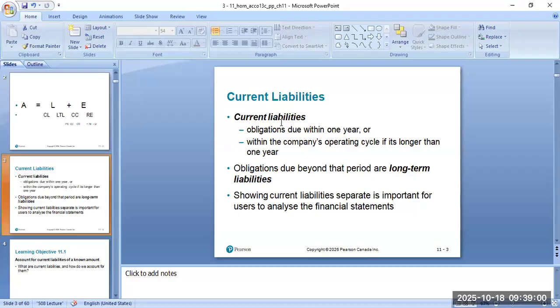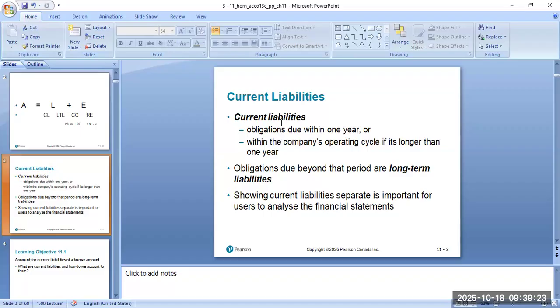Now, what is the liability in itself? Liability is very interesting in the definition. In the definition, the liability has all three forms of time. We have past, we have present, and we have a future.